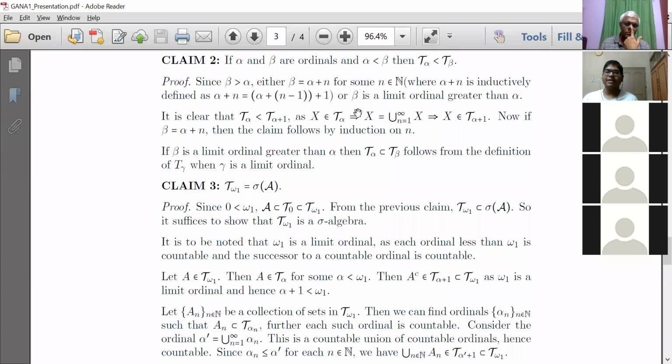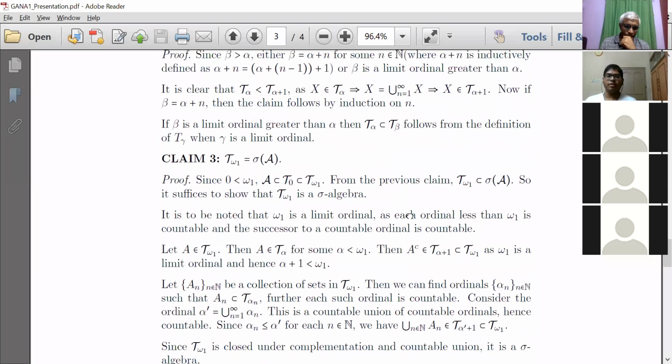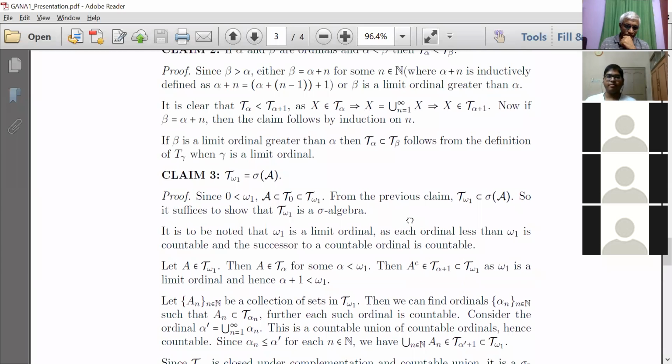Or beta is a limit ordinal that is greater than alpha. Oh wait, my bad. This should be the set containment symbol.